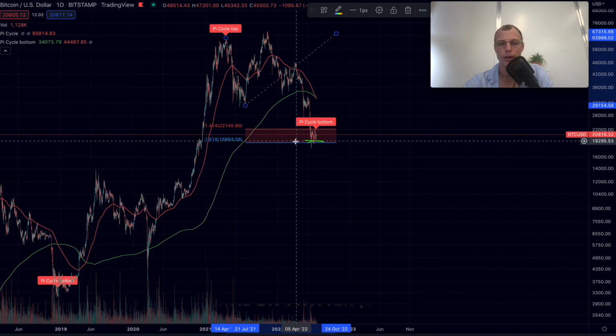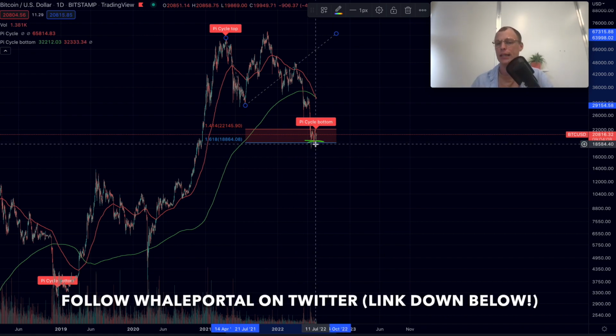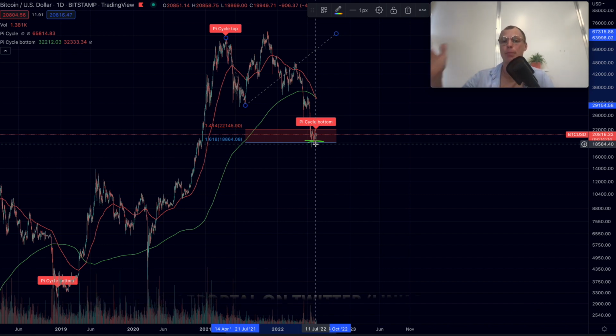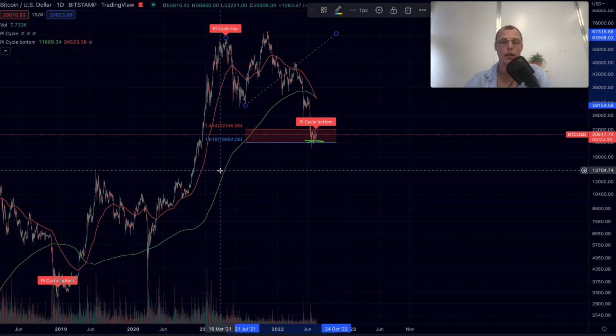So guys, this is showing us that this is a remarkable level in the Bitcoin price, and most likely will give us some form of reaction or a bounce, or if we lose that level, definitely quite a big move. So a big liquidation event or a big move to the downside. So this is something important to note.